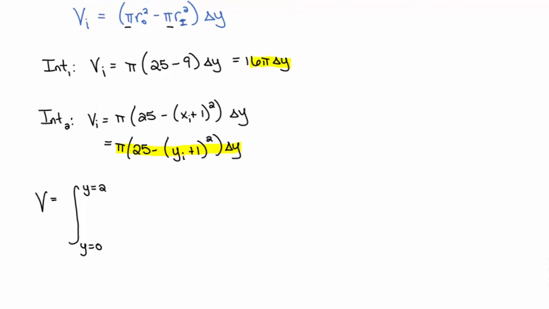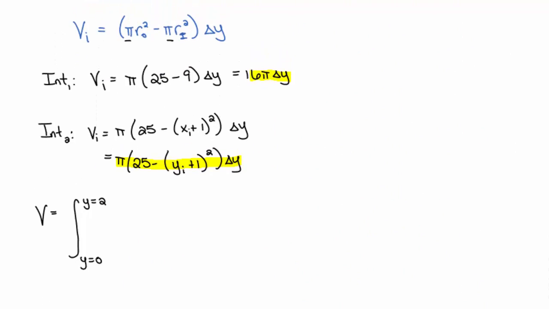Okay. And then once we're done stacking those, obviously we have to throw on their volumes. It's 16 pi dy for those plates. And once we're done with those, we start stacking plates at 2 and going to 4, finishing off the stacking.